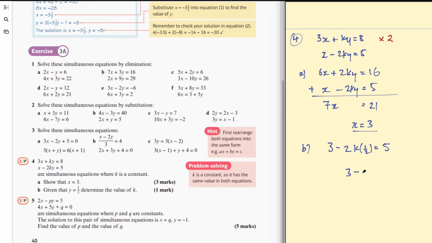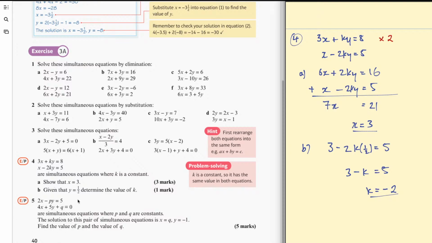So 3 take k, 2 times a half is just 1, equals 5, and then k is equal to negative 2.